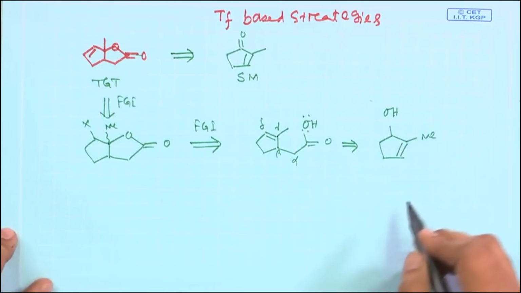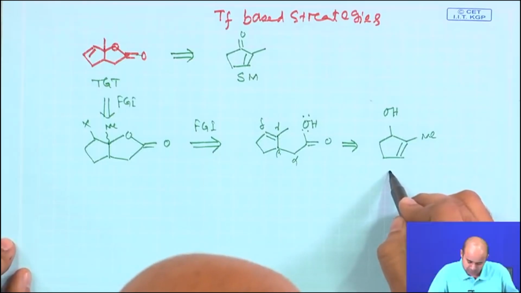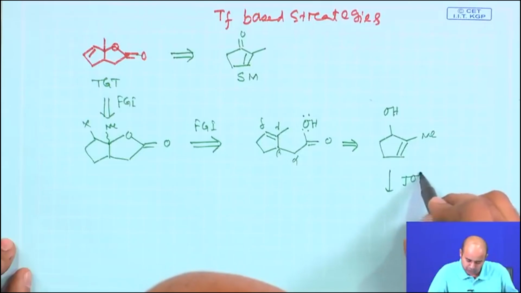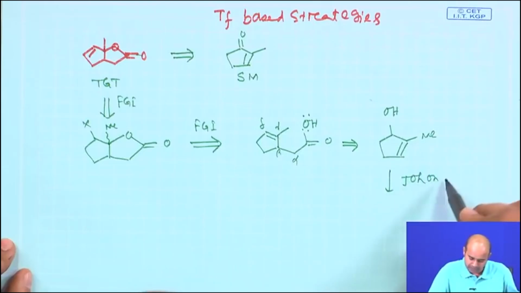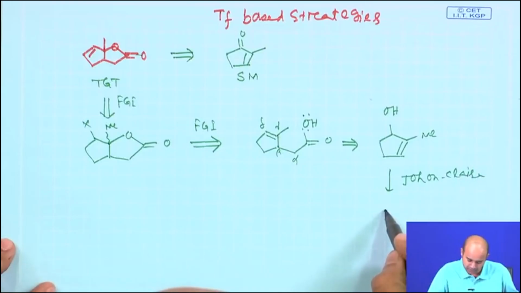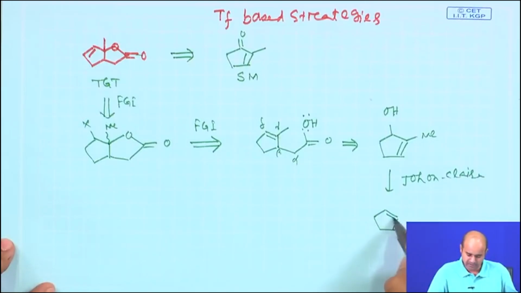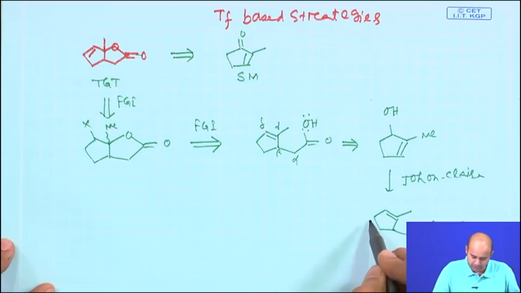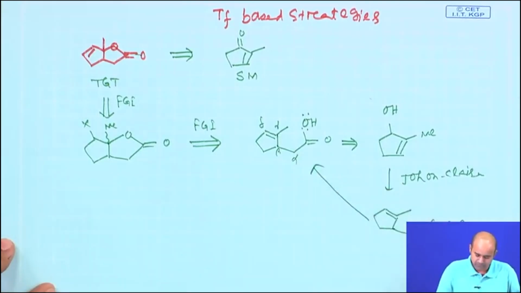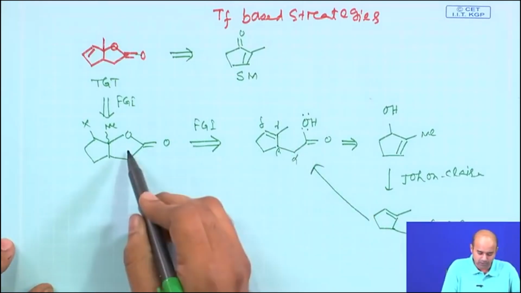Now, this allylic alcohol, if you do a Johnson orthoester Claisen rearrangement, which I already discussed, you can create this CO2Et, which is nothing but a gamma, delta unsaturated carboxylic acid derivative. You hydrolyze this ester to come back to the acid, and do a halolactonization.